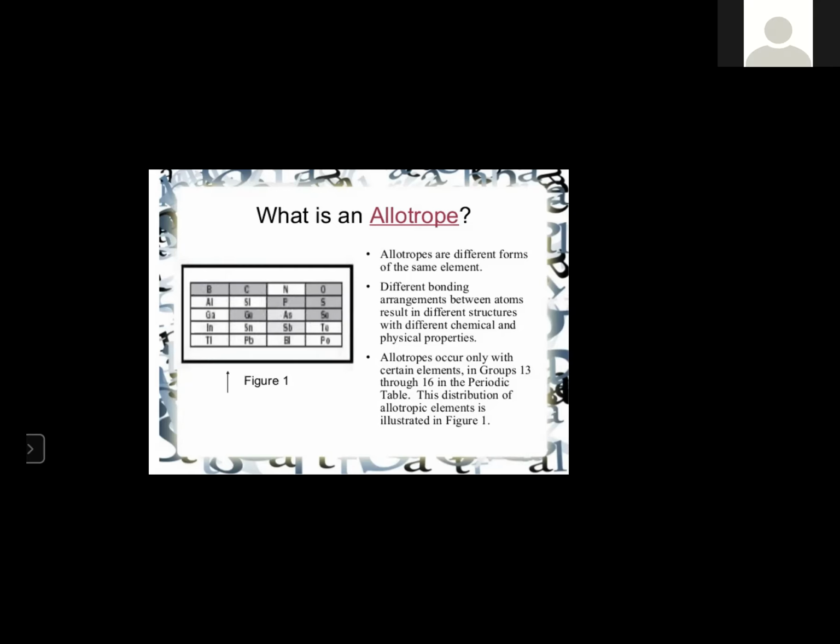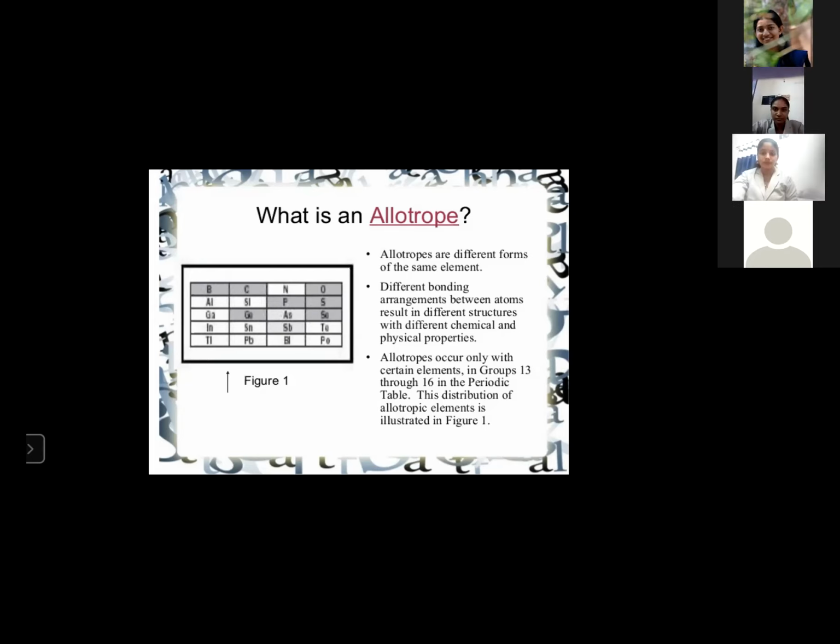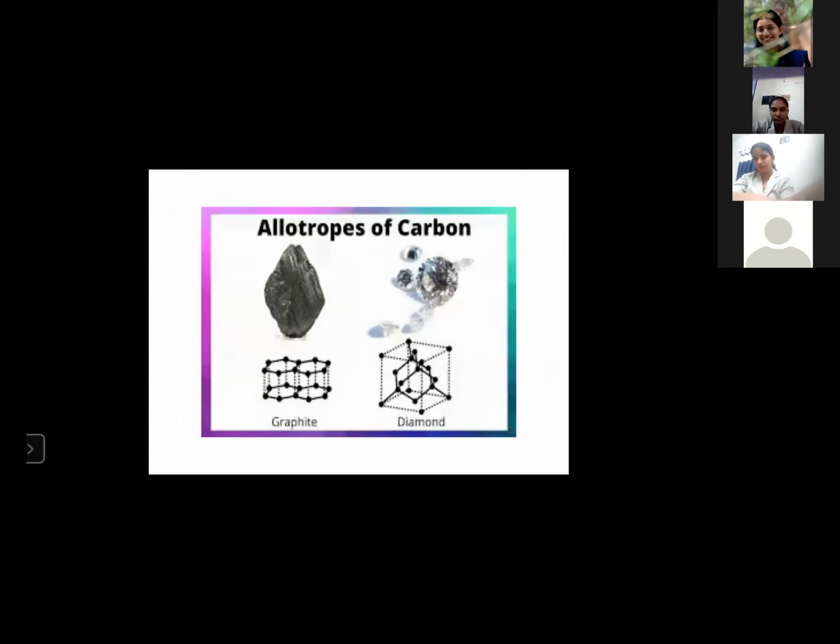Because of this, there is a difference in structure with different chemical and physical properties. Now, when we take the periodic table, we find allotropes from group 13 to group 16. Here we are going to discuss the allotropes of carbon. Some allotropes of carbon are graphite, diamond, and fullerene.